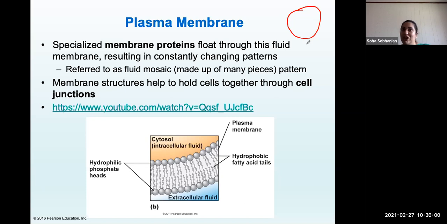Both, right? Because we just established that you have intracellular fluid and extracellular fluid, right? So you're going to have water here, H2O here, and then you also have H2O here. So water on either side of the membrane.